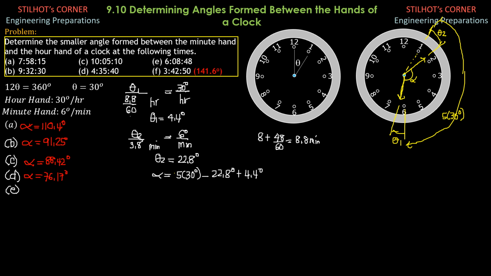So I'll put the answer here. Alpha is equal to 5 times 30 minus 22.8 plus 4.4. So alpha is 131.6 degrees. That's it for this video, because it is now lengthy.